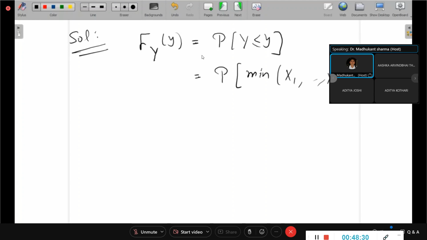If we start in this fashion, it will not work. Why? Because if it were the maximum, then we could say each Xi is less than or equal to y, but it is the minimum, so some of them can go beyond y.